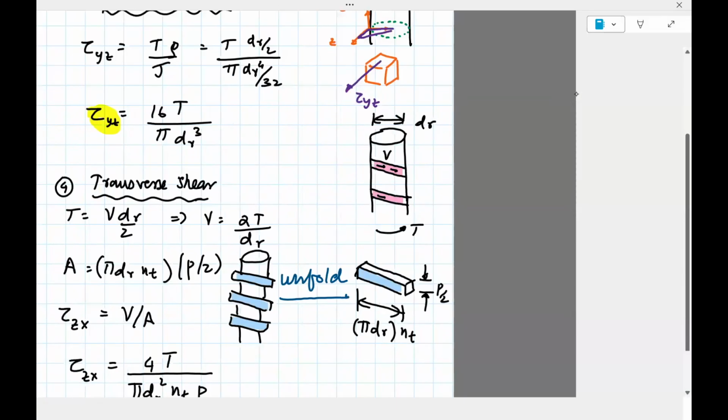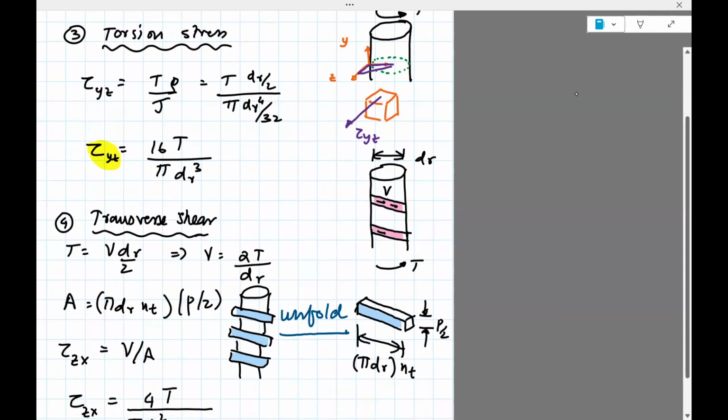There's one last stress, which is the transverse stress, because you have these threads and they have a tendency to slide over the cylinder, the shaded part, the pink part slides over the cylinder which is not shaded, so you will have a transverse stress.